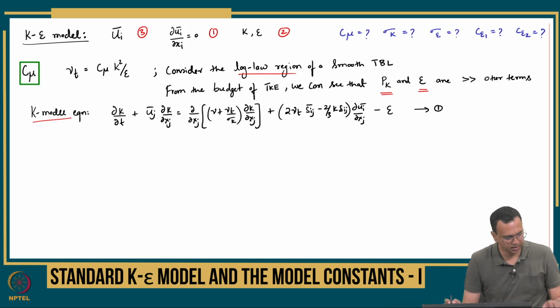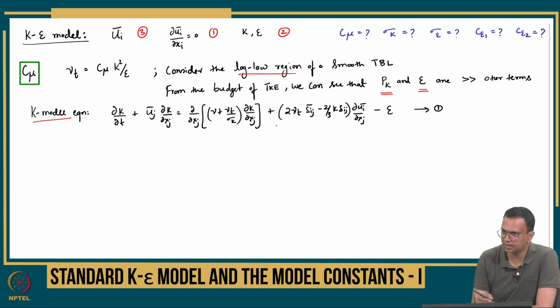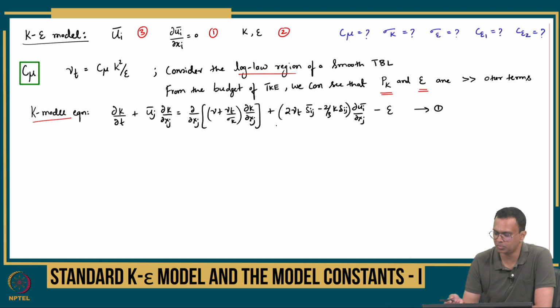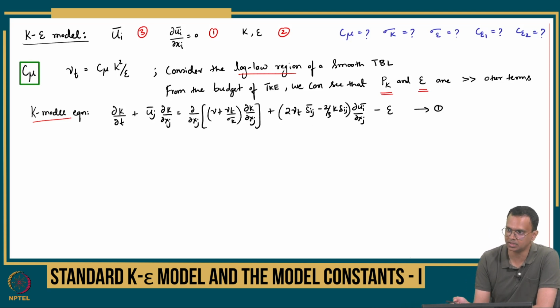So if I take the K model equation here and apply this log law region where Pk and epsilon are dominant terms, then what would happen to the entire budget for such a problem? Pk and epsilon are the dominant terms, so I would like these two to balance each other.